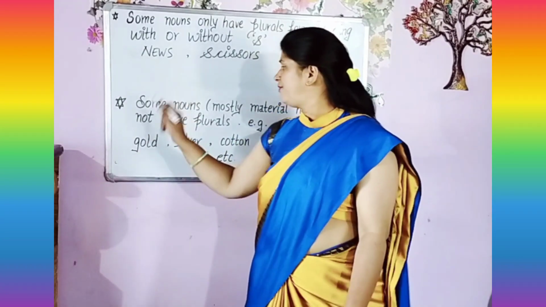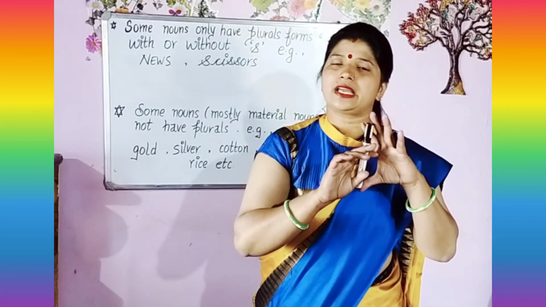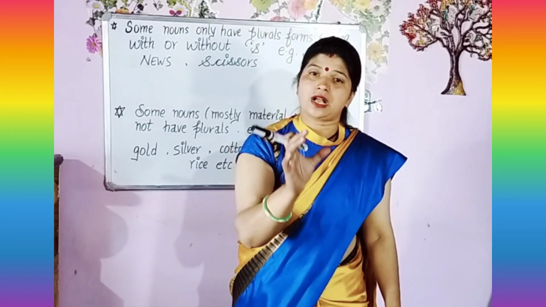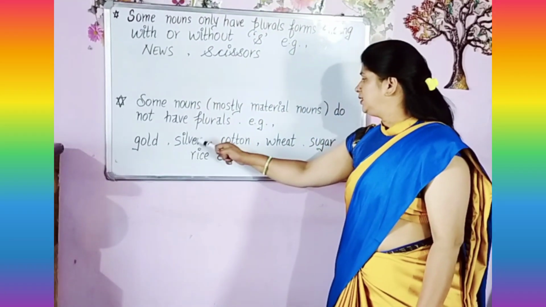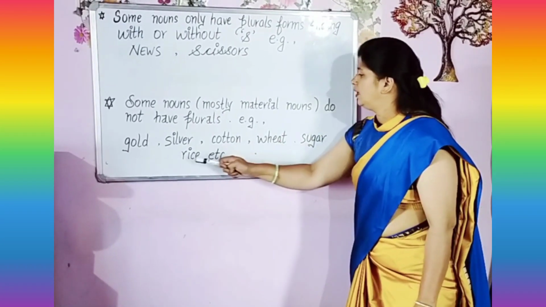Okay. Like for example, gold. If I am talking about one gold pendant, then it will be gold only, and if I am talking about many gold pendants, then it will be gold only. So a material noun always comes in the singular form only, like gold, silver, cotton, wheat, sugar, rice.